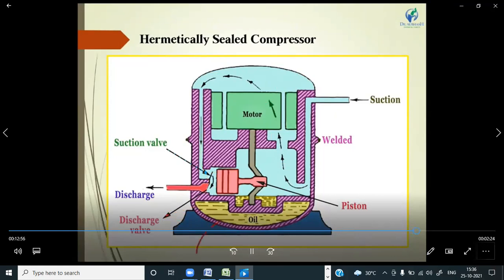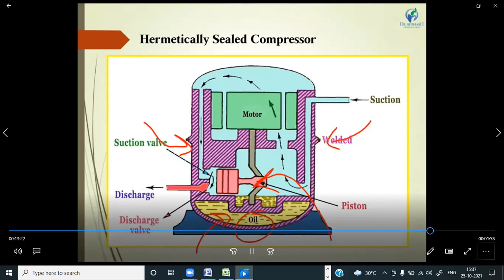Here is the downside. The yellow portion is the oil inside the compressor. This oil is used for lubrication to work the mechanical component parts. Because of that, we have to weld the two portions, the top side and the bottom side of the compressor.